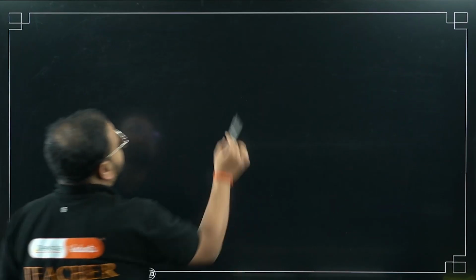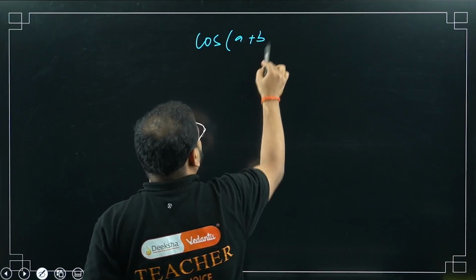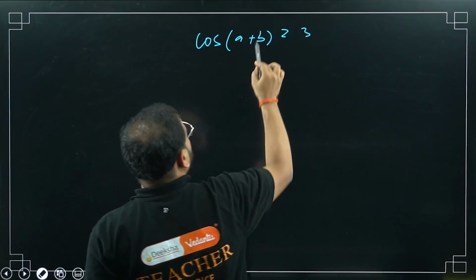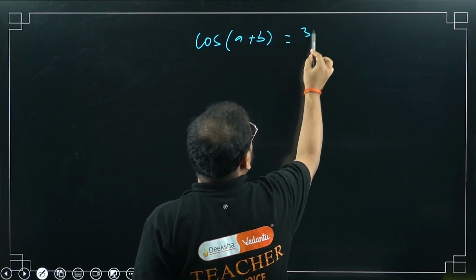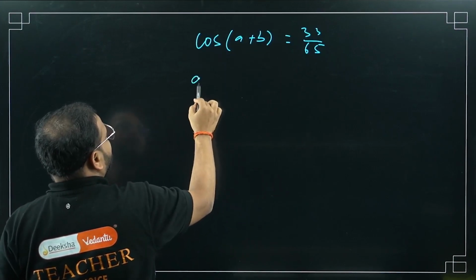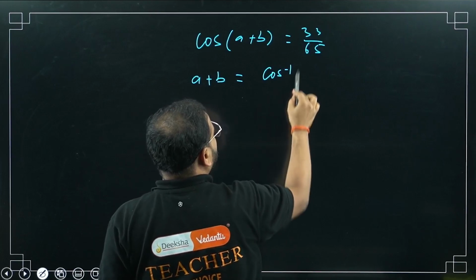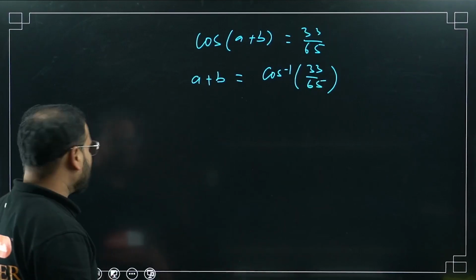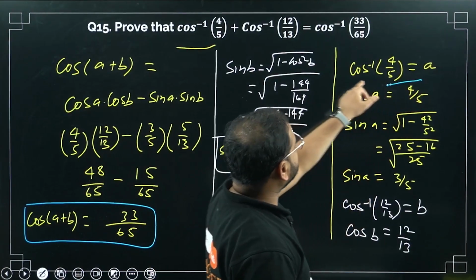Please check now. So cos of A plus B, I got it as 33 by 65, right? Take cos inverse. It's going to be what? A plus B equals cos inverse of 33 by 65. Yes, what is A value? Please check. A value is cos inverse of 4 by 5.